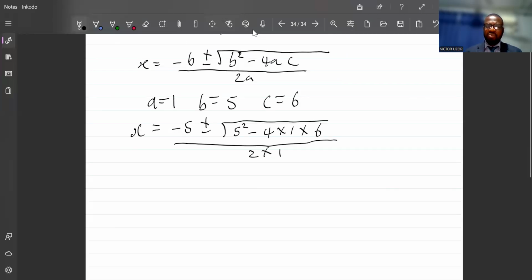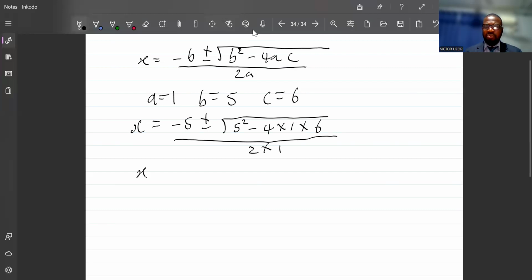So from here, I can simplify. My x will now be minus 5 plus or minus square root of 25 minus 4 times 6, which will give you 24, all over 2.